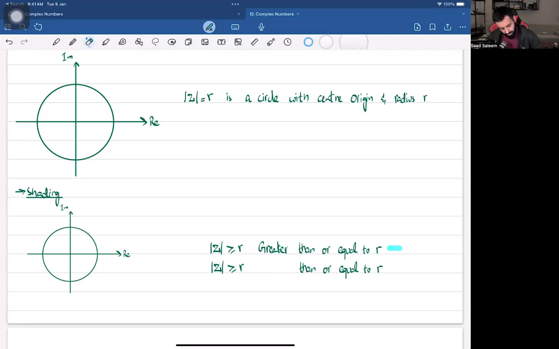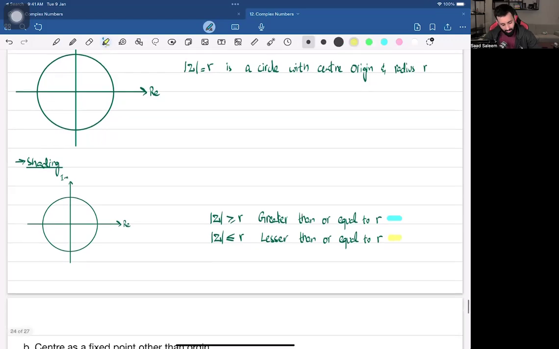Let's say we want to shade the possible places where z, a variable complex number, meaning it can be in multiple places and is not fixed, has its distance from the origin lesser than or equal to r. We're going to shade this using the color yellow.